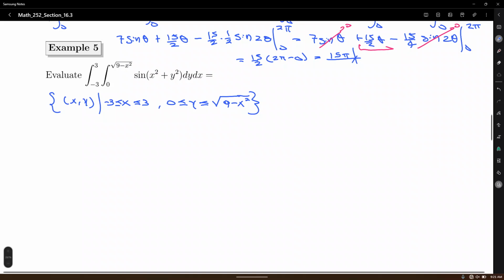What's this one? The upper or the lower? The upper. How do we know it's the upper? The -3 to 3 is just horizontal distance. But how do we know the semicircle? It's the upper one. Y is greater than 0, or we have the positive radical, right? So let's sketch the region.